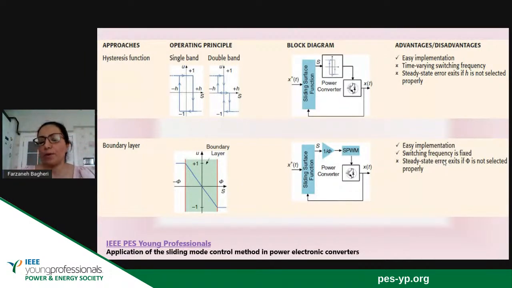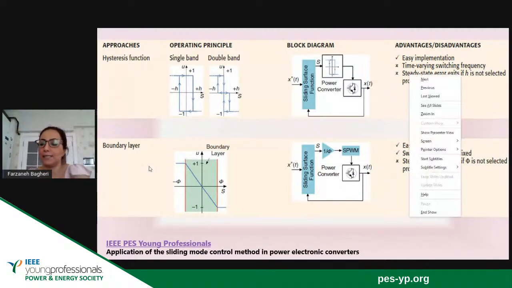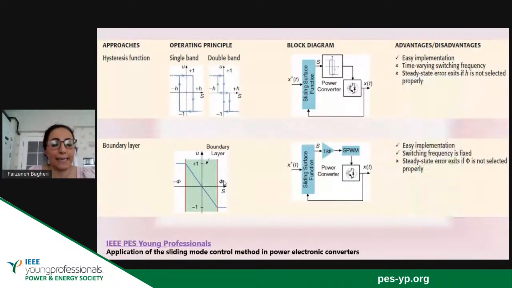Why do we have the problem of a steady state error? Because again, in the boundary layer method, the system is dependent on the boundary layer value that you can see in this figure. It is shown by phi. If you do not select the value of phi properly, a steady state error will exist. Finding the phi is also very difficult based on trial and error. This parameter selection has a lot of difficulties.